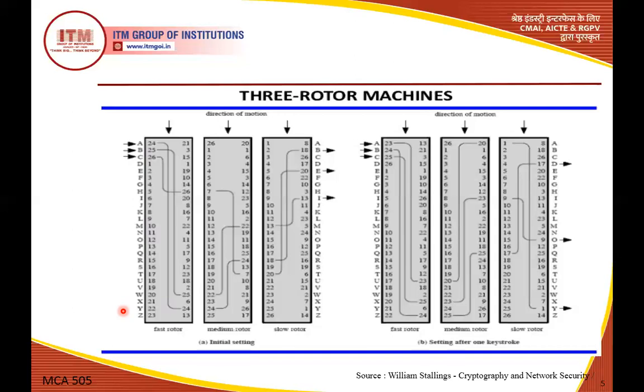The electric pulses define which character is being represented. As you can see, there are 26 characters, so each cylinder has 26 input lines. In this way, we define all the characters in the rotor machine.